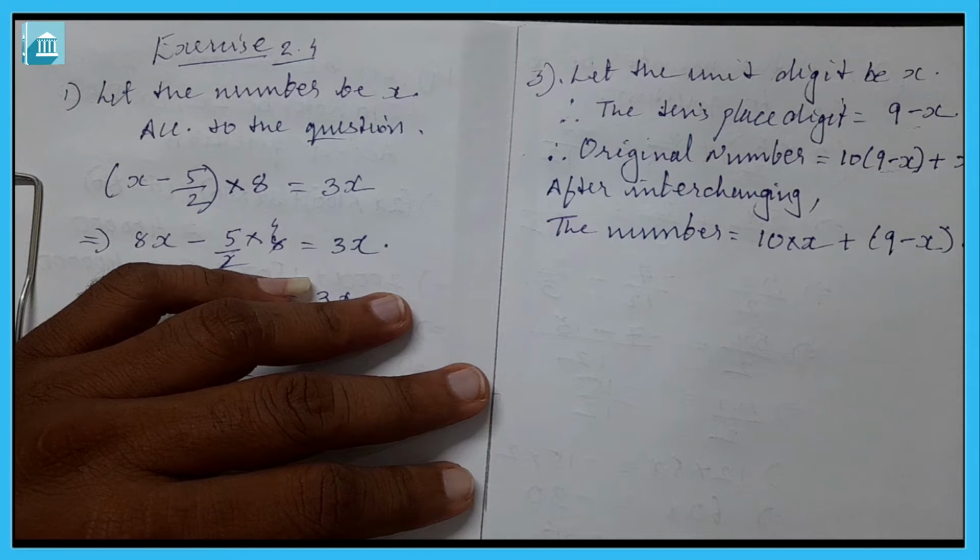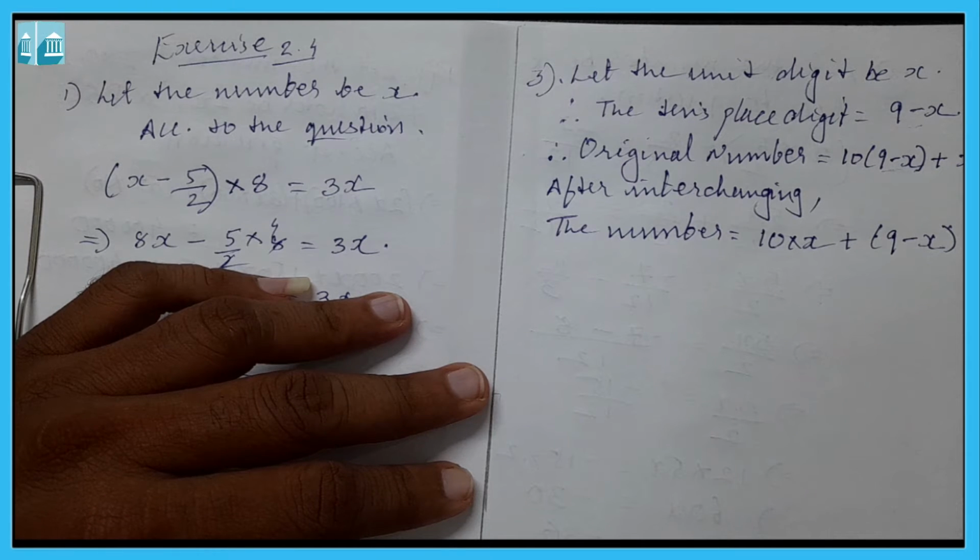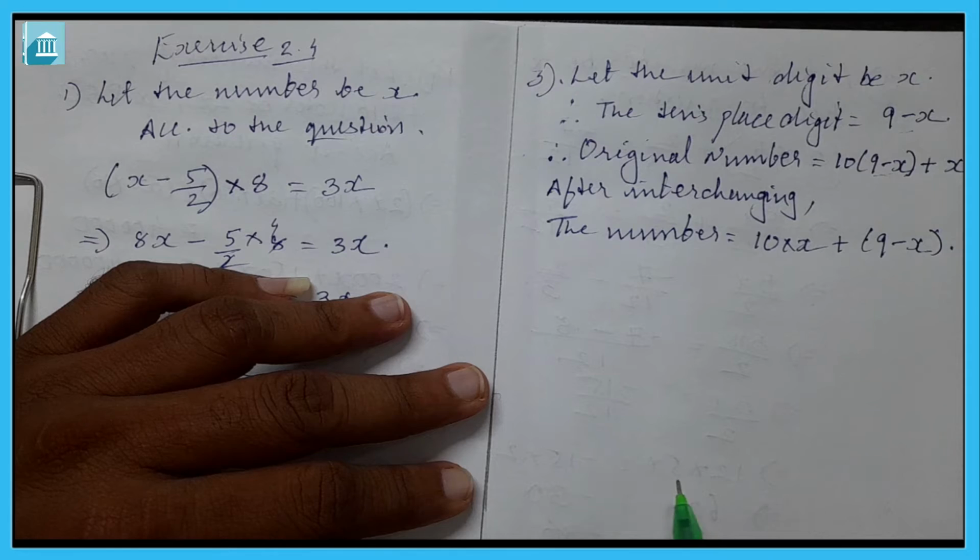Now according to the question, it is given that when we interchange the digits, the resulting new number is greater than the original number by 27.